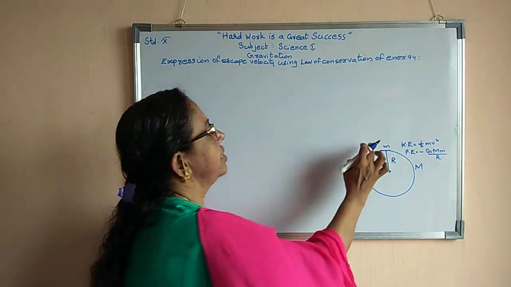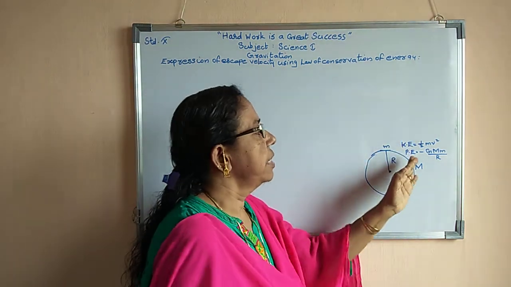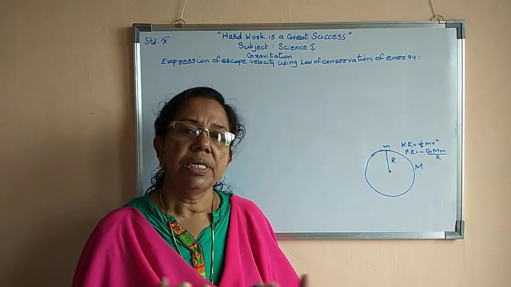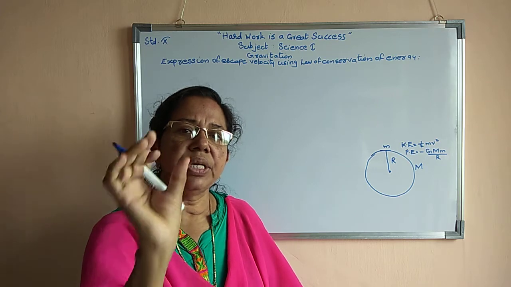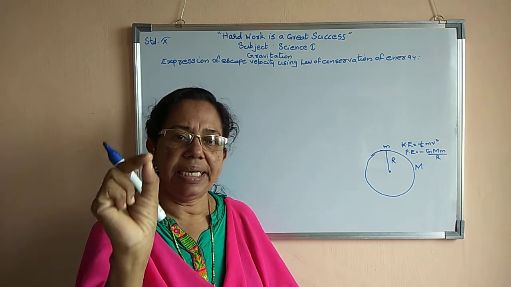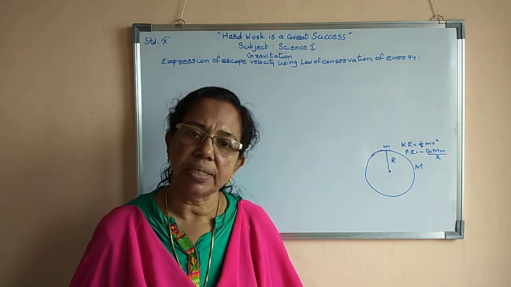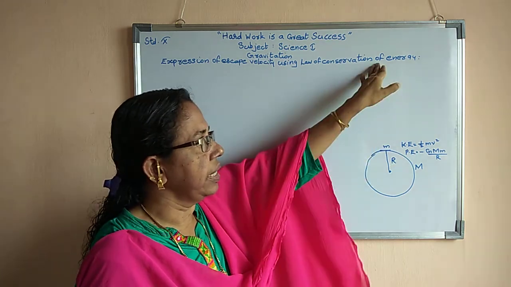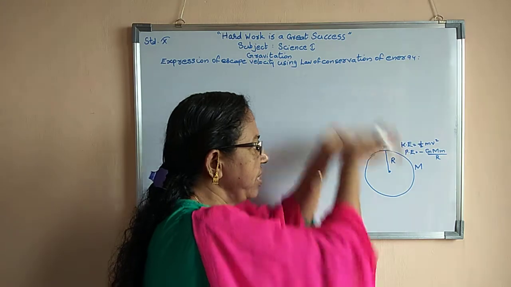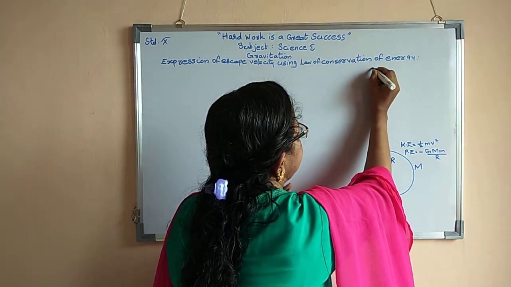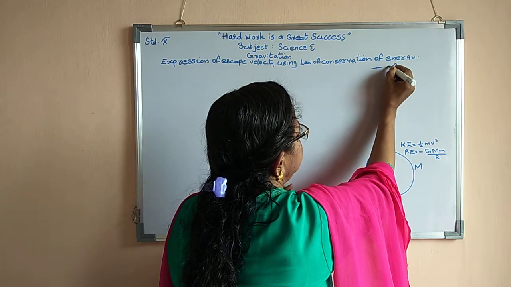Here the sum, that means the total energy possessed by the body, will be equal to E. E means the total energy possessed by the body. Now similarly, when we throw with escape velocity, the object reaches infinity.